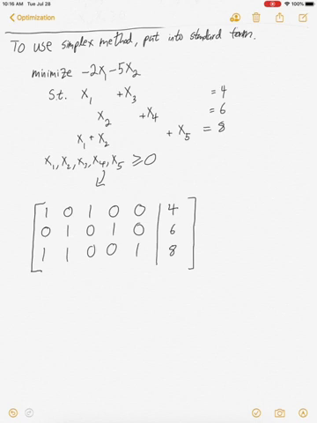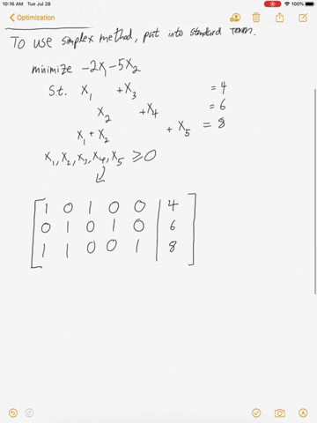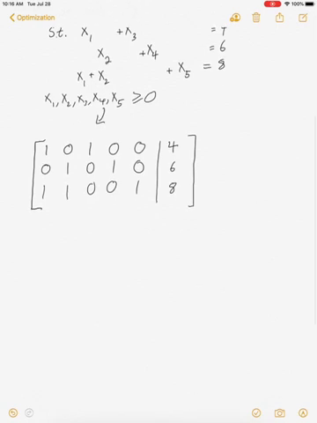All right, so this is the matrix that we want to use when we're applying the simplex method. And again, in order to jump right into the simplex method, we needed to be in standard form. All right, so the idea of the simplex method is we're going to start at some basic feasible solution.